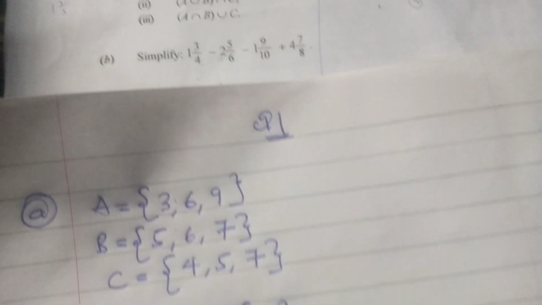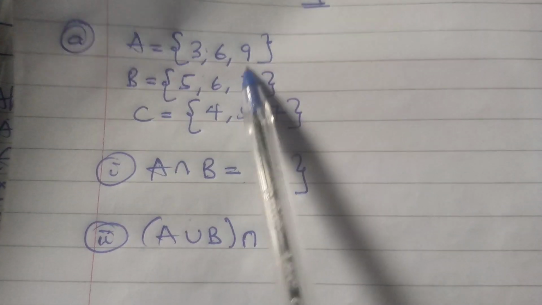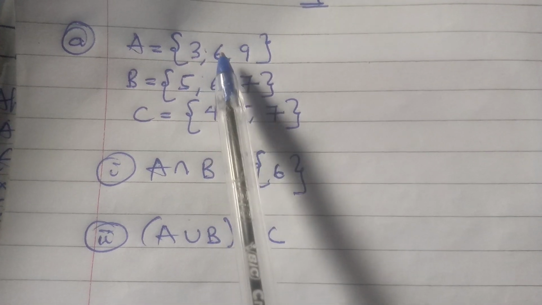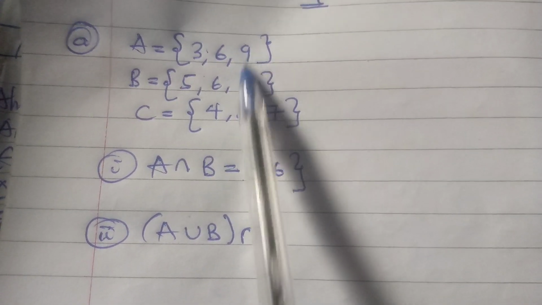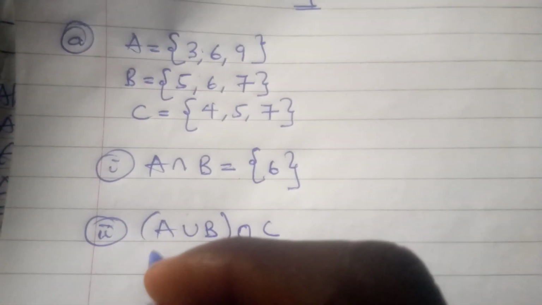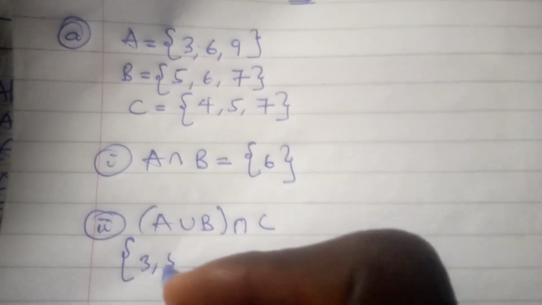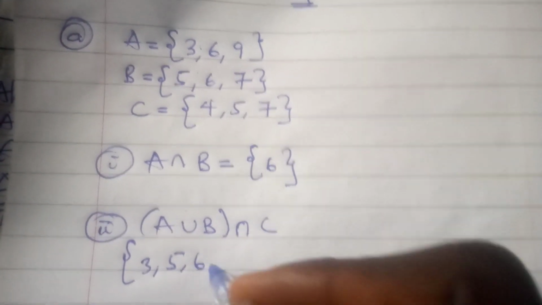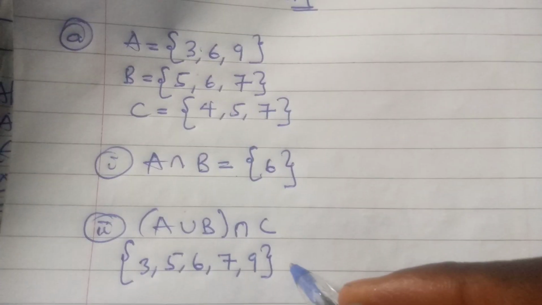intersection C. So let us first list the A union B. Now the A union B is simply the elements in A and the elements in B being combined. So let's do that combination. Combining A and B, we are going to get 3, 5, 6, 7, and 9.